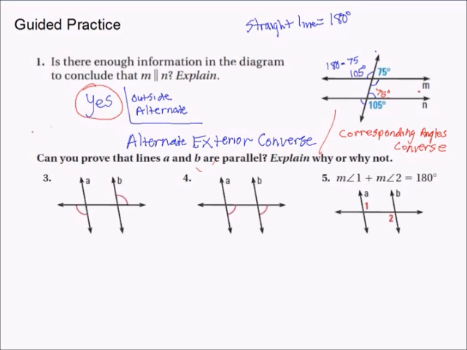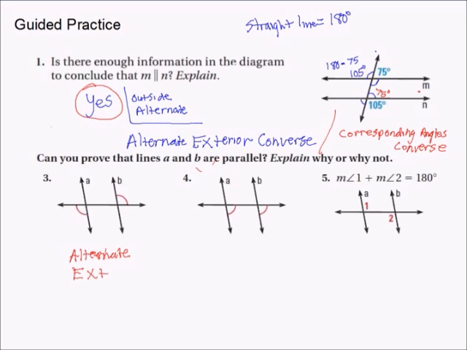Let's go with number 3. We didn't have a 2, so let's go with 3. Can you prove that lines A and B are parallel? Explain why or why not. Well, remember, if this angle has one band and this angle has one band, that means that these are congruent. And look at these angles. These angles are both alternate, and they're both exterior.